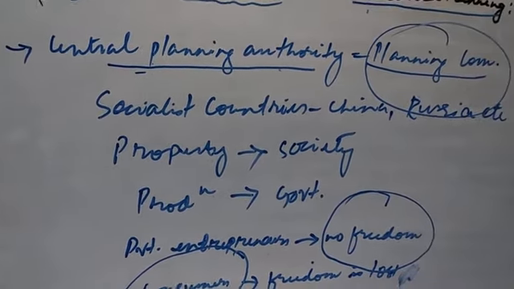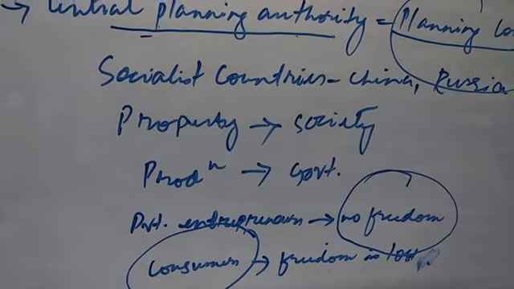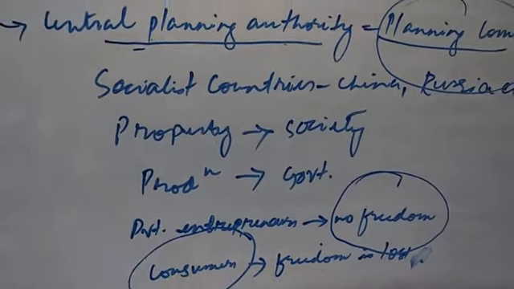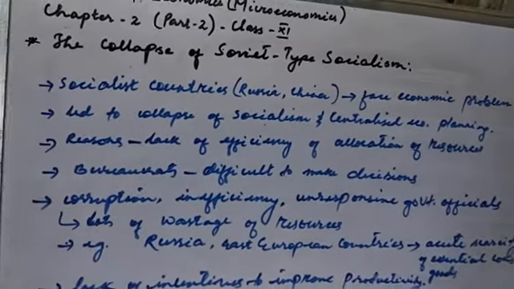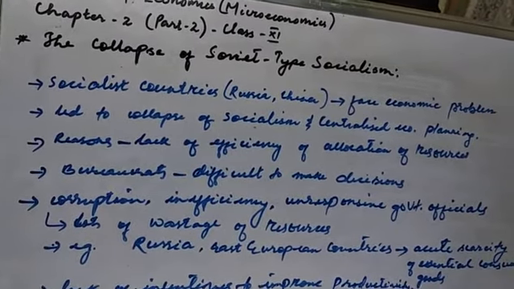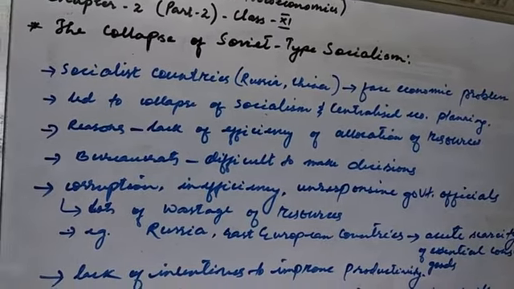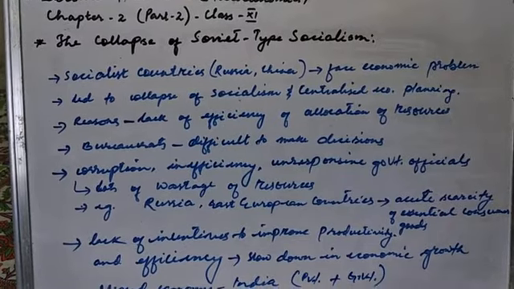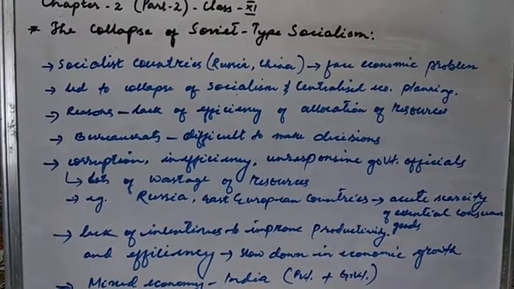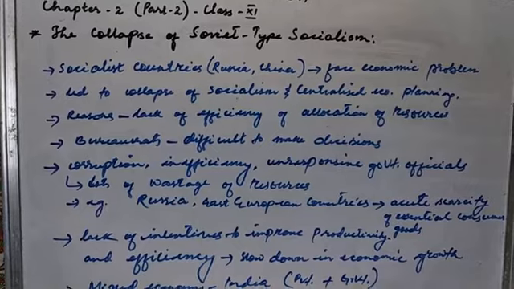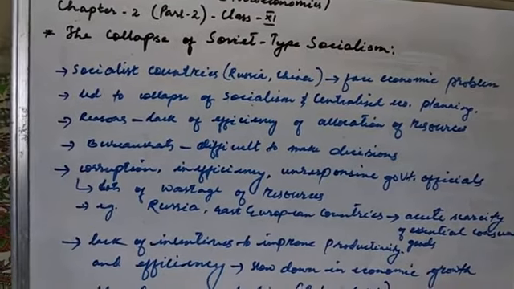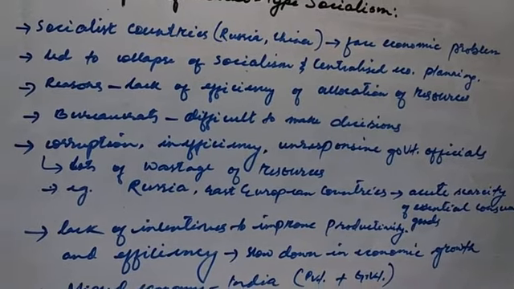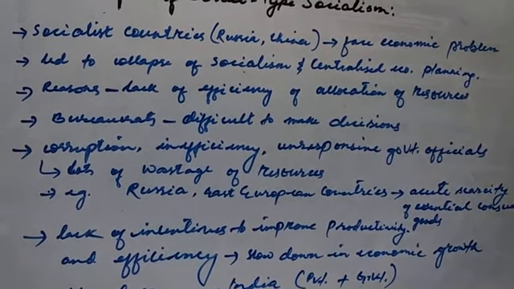It is through the planning authority, planning board, that these central economic problems are solved. We have explained that even the market or price mechanism cannot alone solve the various central economic problems, and even centralized planning cannot alone solve them.